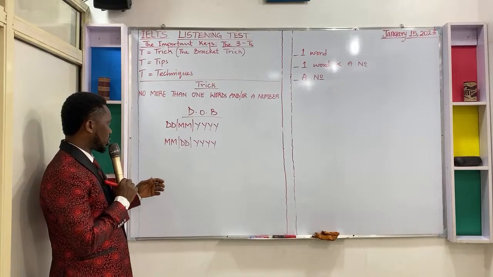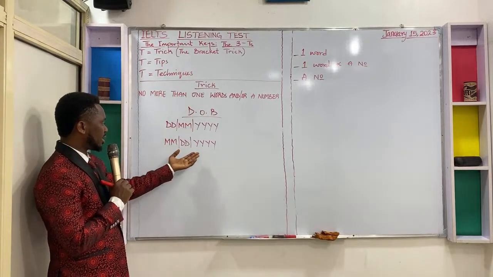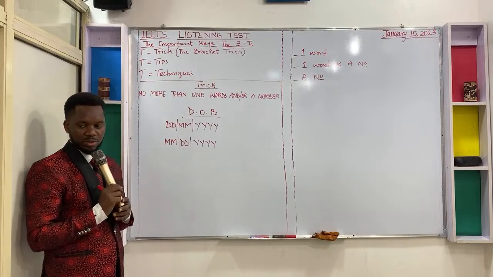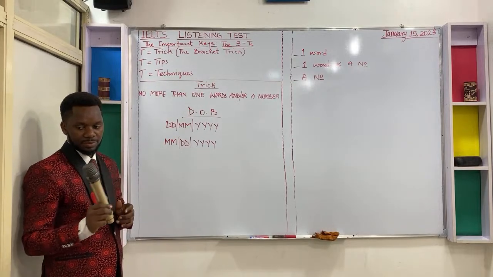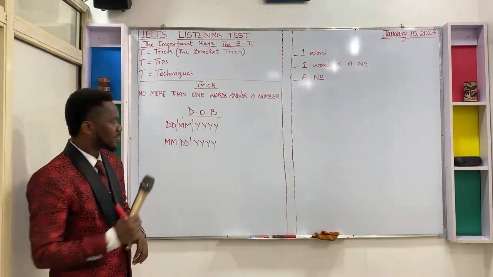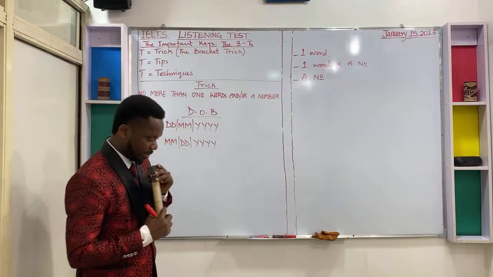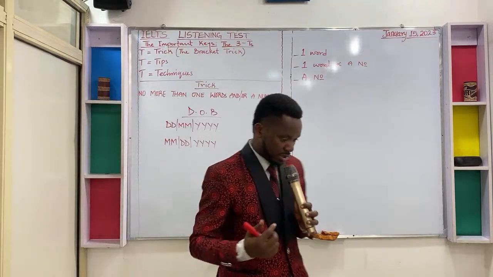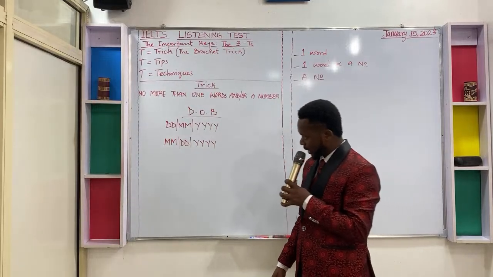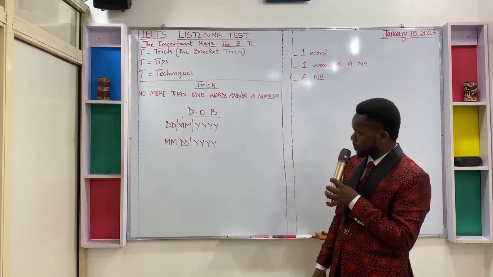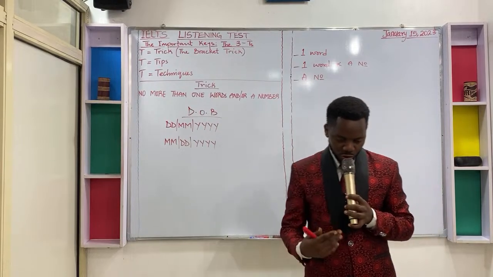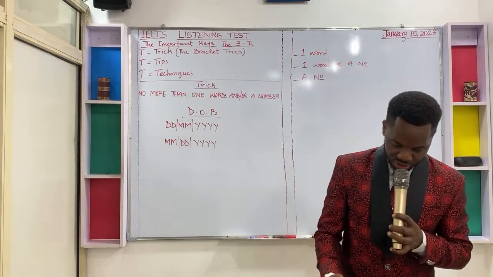Some of the time you notice that it will be MM, DD, YYYY. DD means what? MM means what? Month. And then year, right? Perfect. Then it could be in this format: month, day, and year, right? When you are treating date of birth, when do you apply the bracket trick?